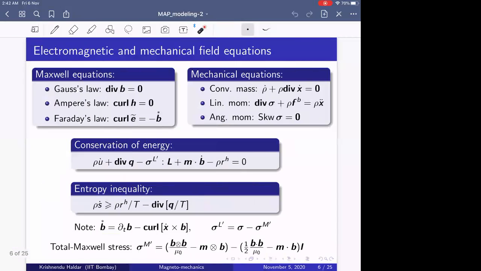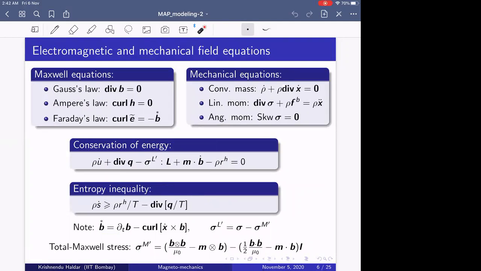Now the very next thing is, what are the associated field equations for such a material system? Obviously, as we are talking about coupling, we need to satisfy our electromagnetic field equations, which are nothing but Maxwell's equations. We have everything here in the deformed configuration, omega t.